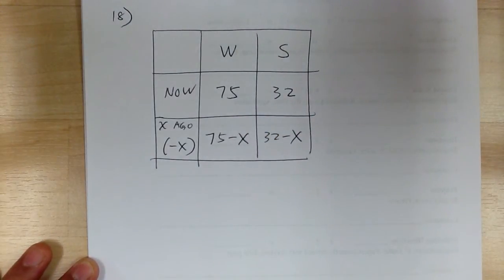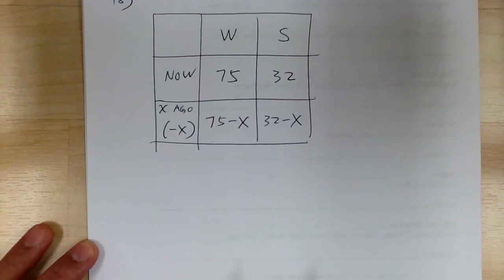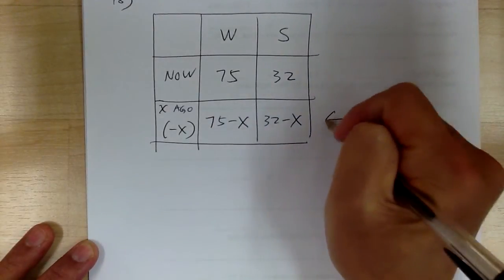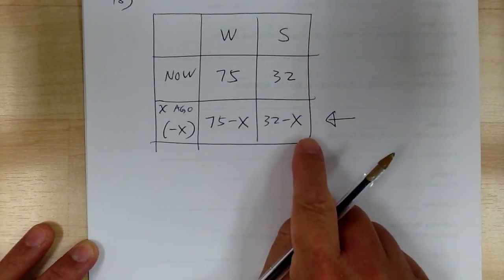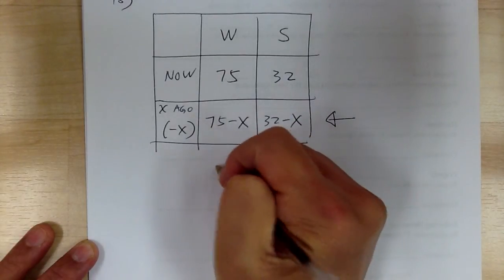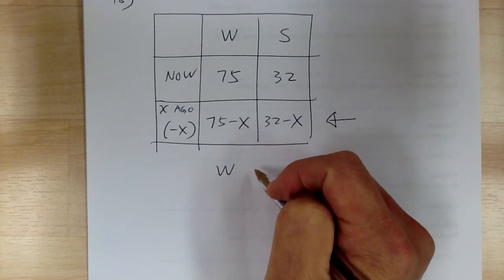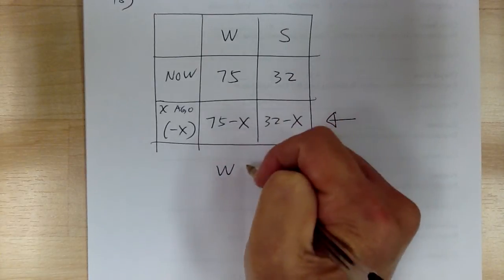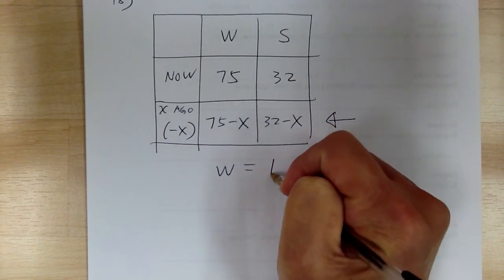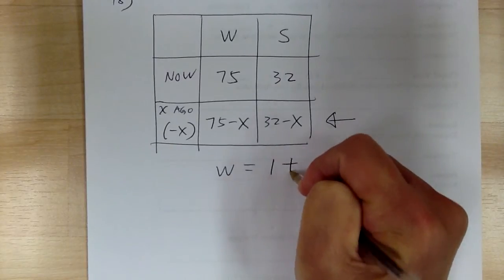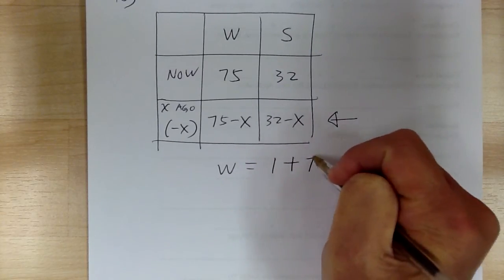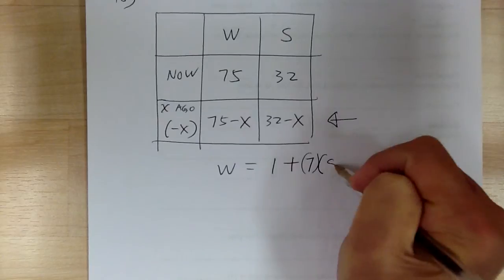Okay. Now let's go and read the next part. It says how many years ago, that means you're looking at this part over here. How many years ago was her age? So that's Grandma Wessel, right? So how many years ago was her age equal to 1 year greater than 7 times the grandson's age?